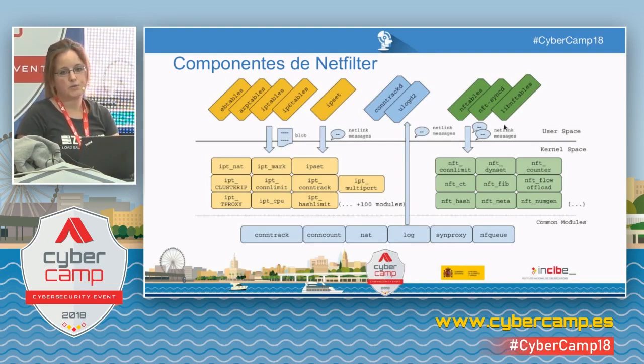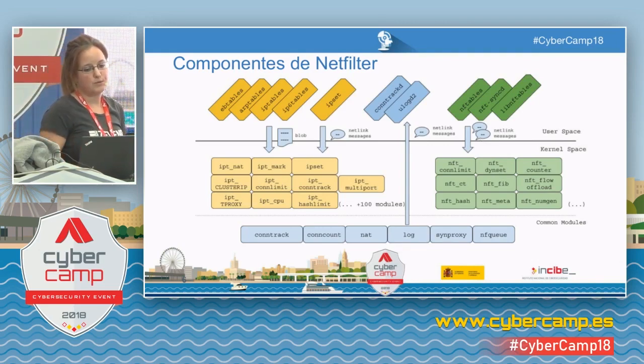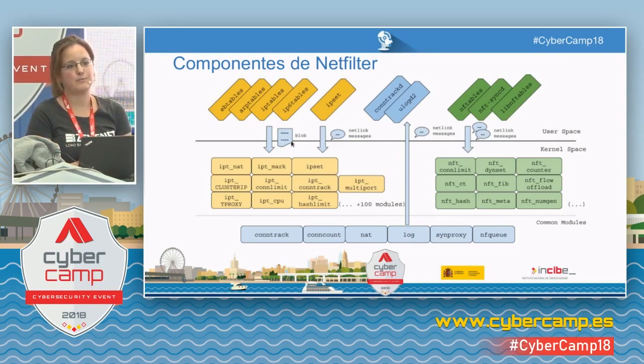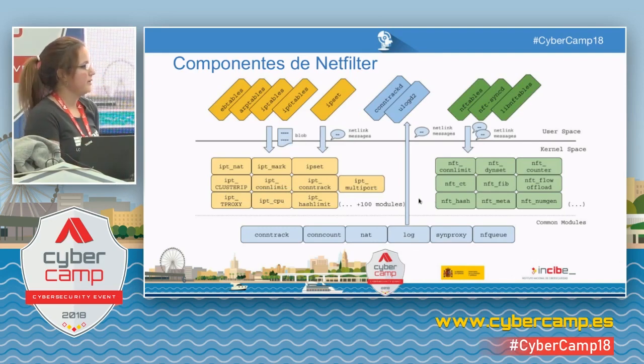What's the main difference here? That communication between user space and nftables is done through nfnetlink. And what's the difference between using iptables or netlink or nftables tools? You will see that later, the reason for that, but I just want you to bear it in mind.